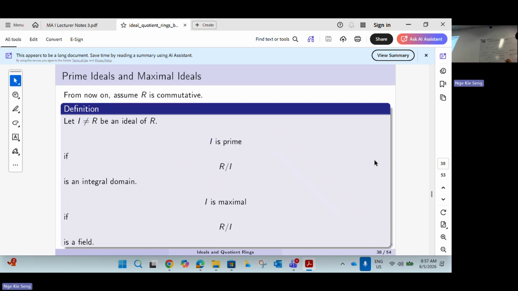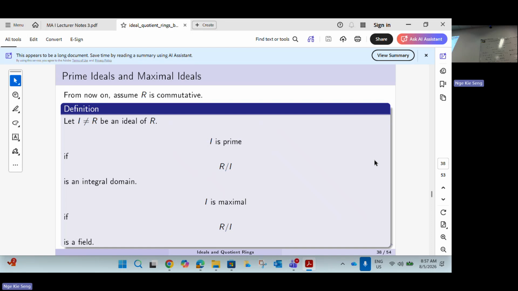Then for the quotient, that is a maximal ideal. If the ideal is maximal, then the quotient R mod I is a field.